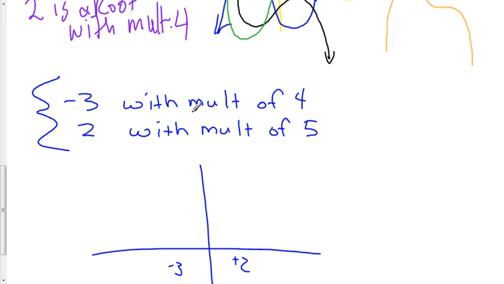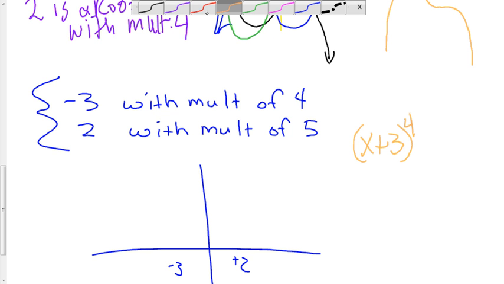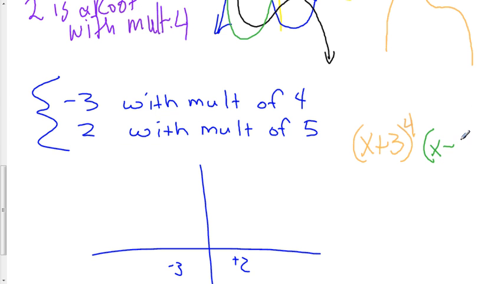Another example would be if negative 3 was a root with a multiplicity of 4, then we're talking about x plus 3 to the 4th power. And if a positive 2 is a root with a multiplicity of 5, then you would have x minus 2 to the 5th.